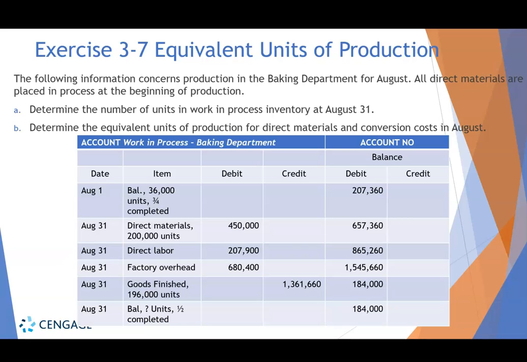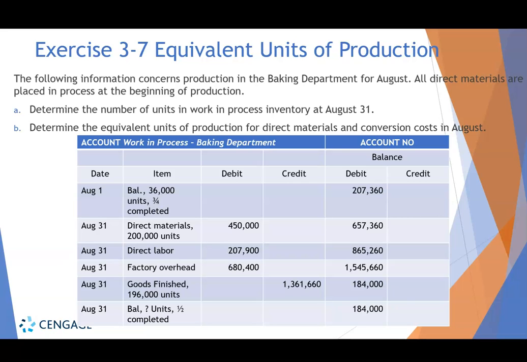So here we've got the units. August 1st, we see a balance of 36,000 units, 3/4 complete, and we have a beginning balance for those units of 207,360. Then in August, we added direct materials for 200,000 units, $450,000 we added to the account for those direct materials.